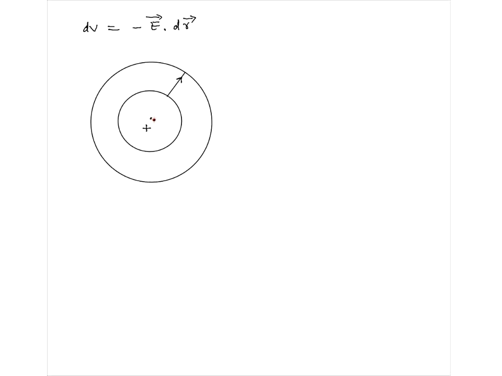You just need to know the geometric shapes of various equipotential surfaces. So you go from one surface to the other surface via the shortest route, and that's how you keep on getting the direction of field.